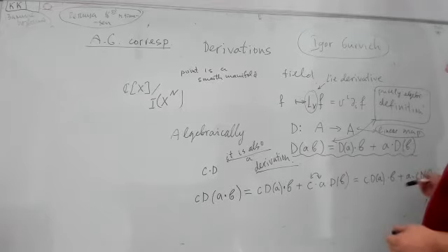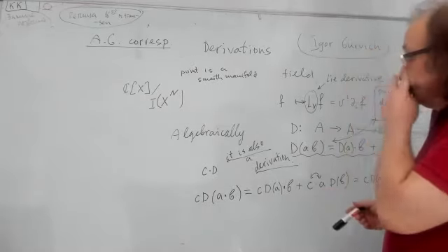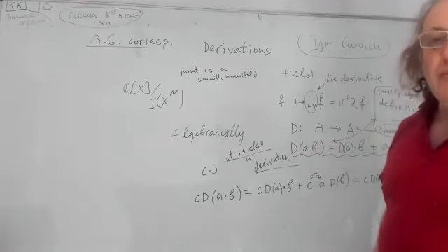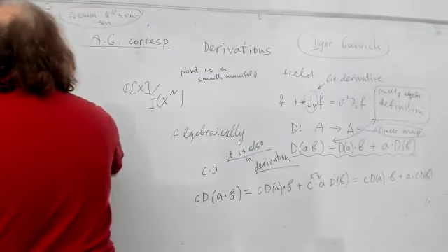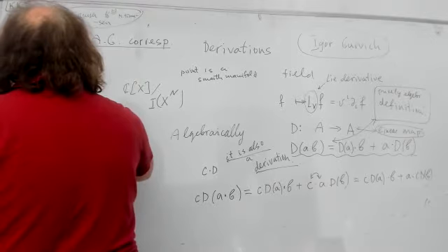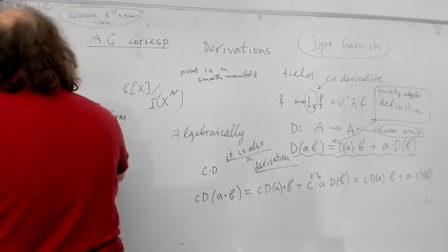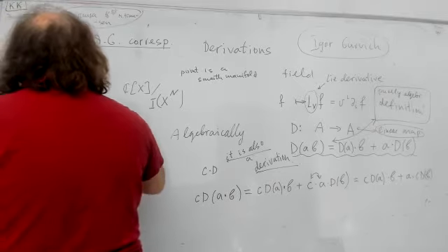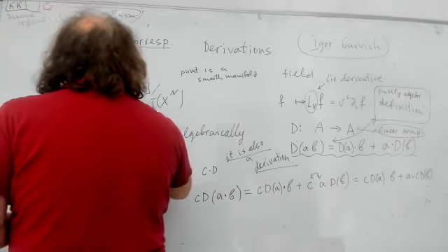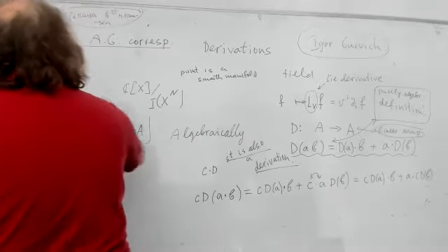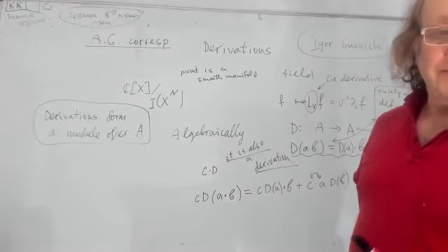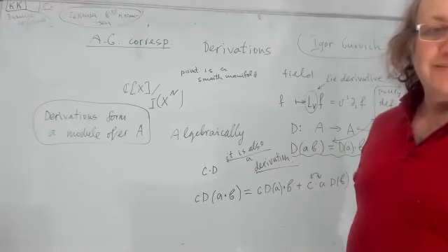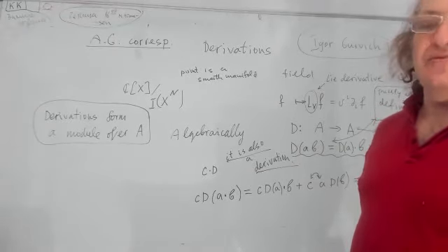You see, from this calculation, we see that derivations form a module over A. It would help us in order to check if we get enough derivations.